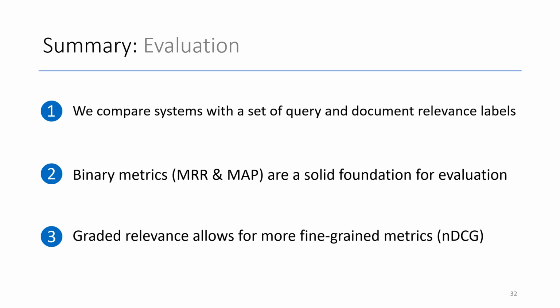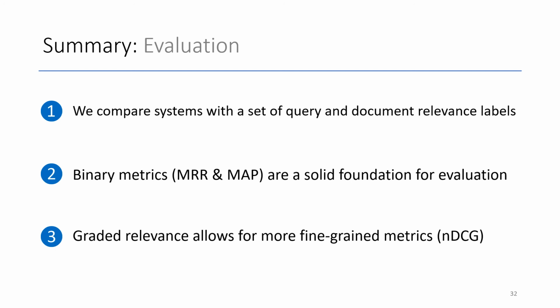So, the three takeaway messages that you need to take away having heard or read those slides are that we compare systems with a set of query and document relevance labels.